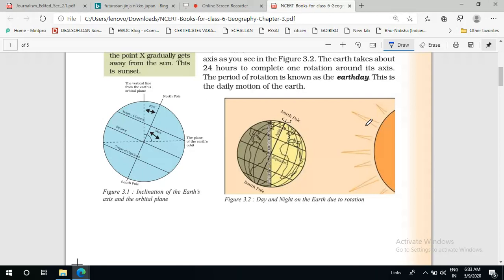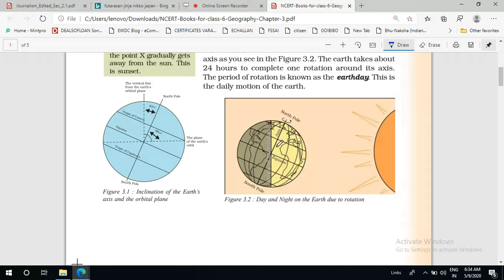Every part of the earth receives a different amount of light and heat from the sun because of this spherical shape. At a particular time only one half of the earth is receiving the light of the sun, and this half is experiencing daytime, while the other half, which is not receiving sunlight, is experiencing night time.